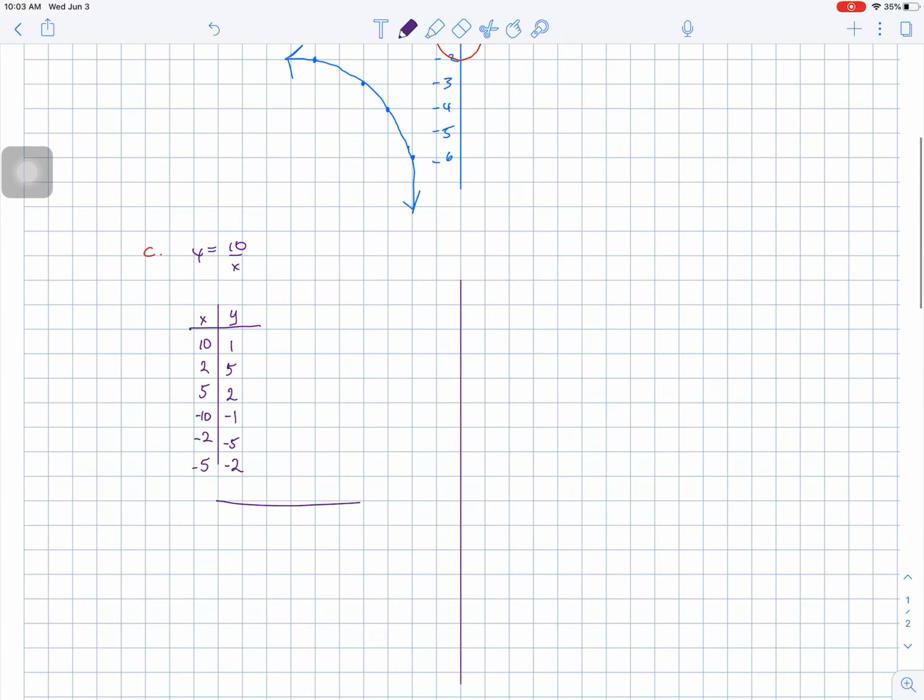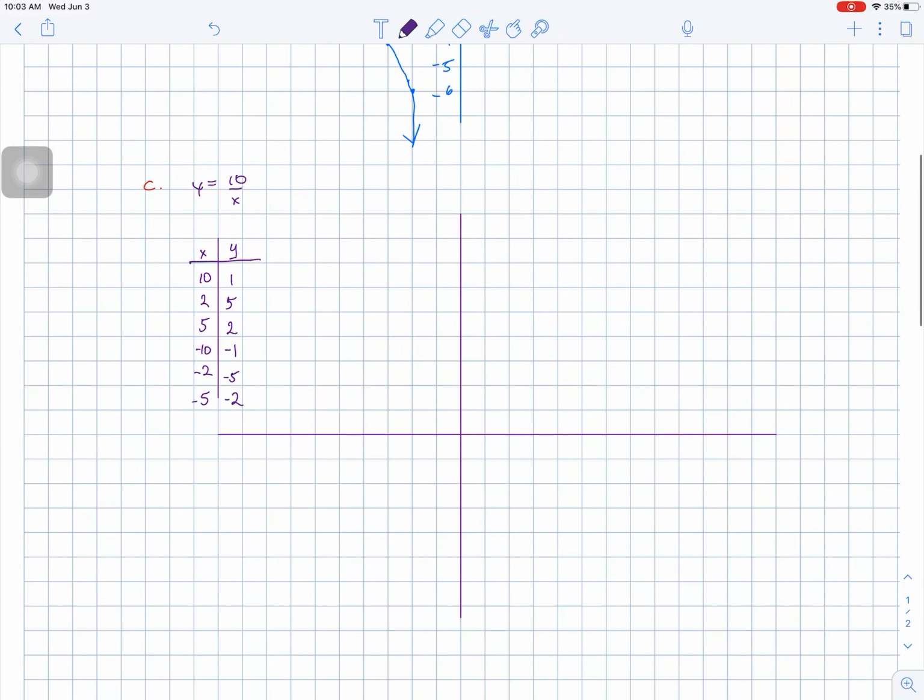So 10 and 1, 5 and 2, and 2 and 5. Again, you're going to see that we got this little slope kind of coming through here.